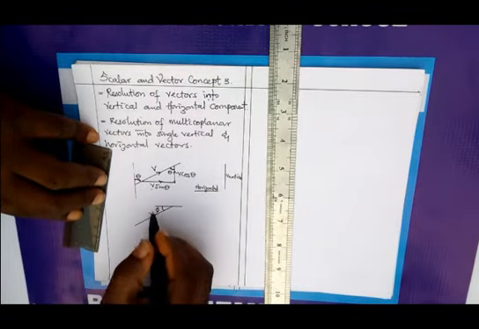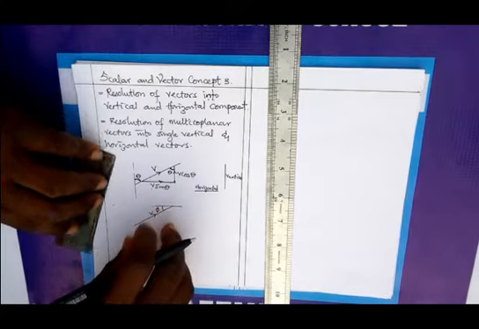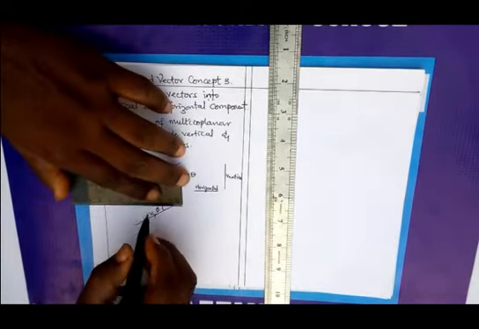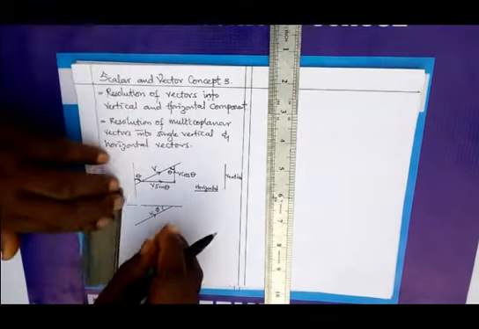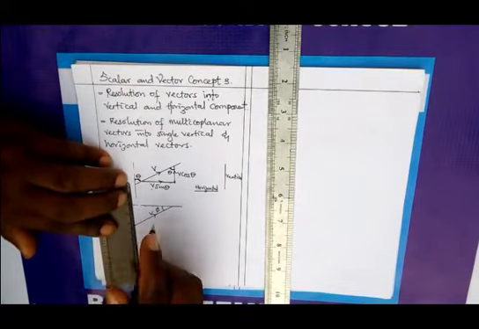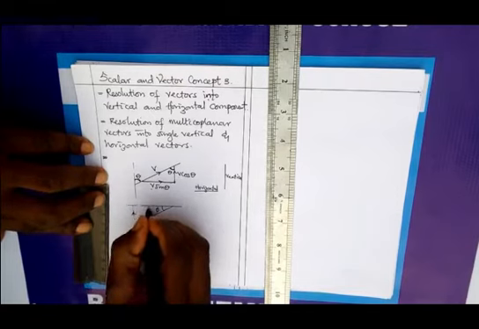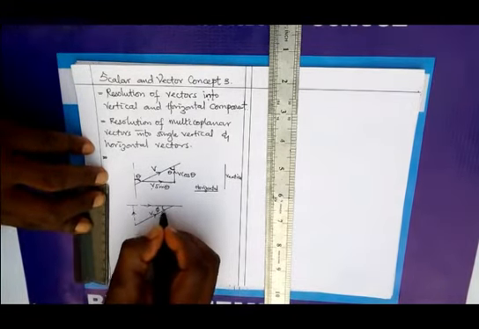What if I am given the angle which it makes with the horizontal? You resolve it into a vertical component and a horizontal component. The vertical component is moving upward and this is moving in this direction. So this is the given angle.